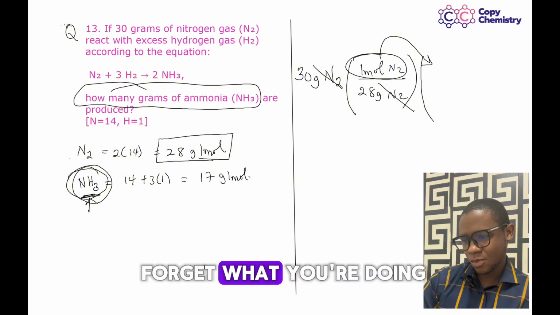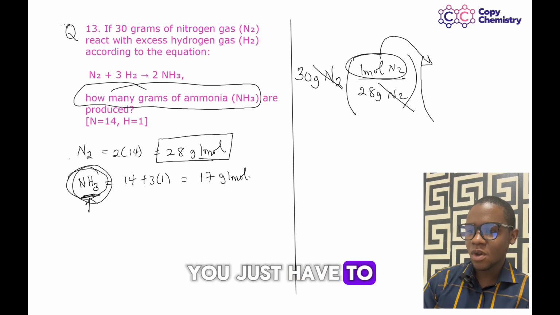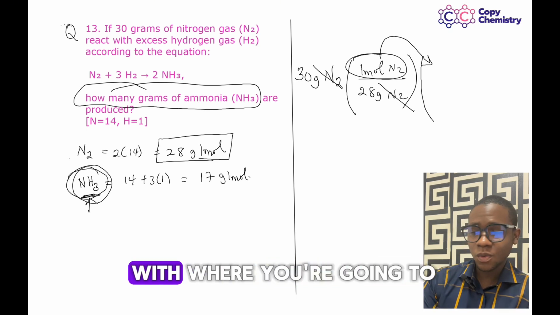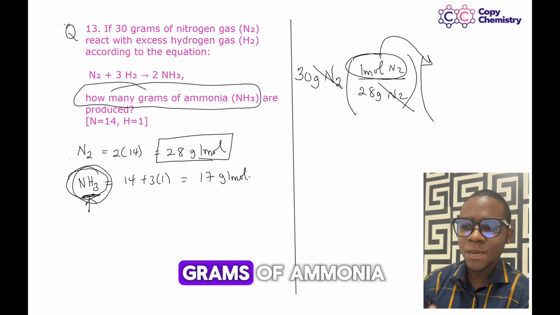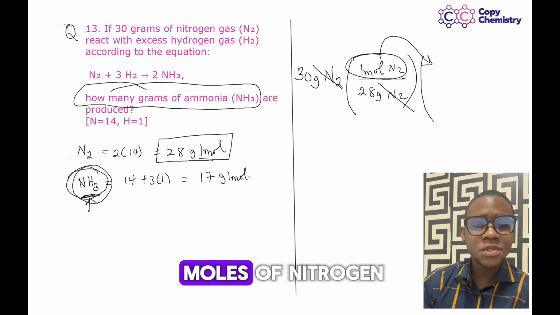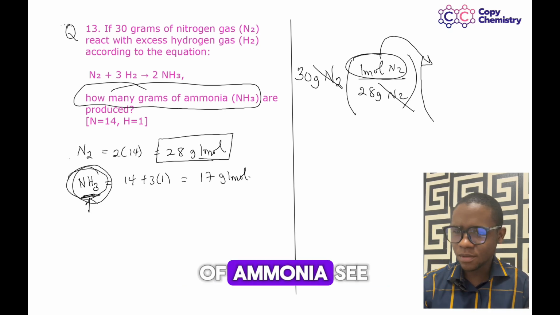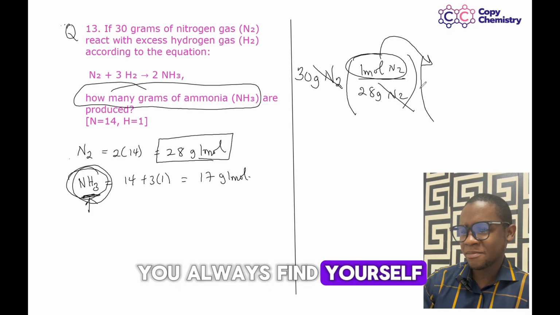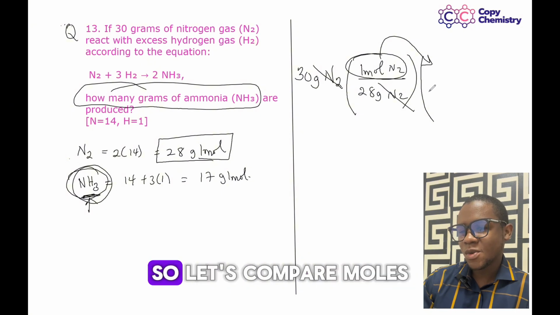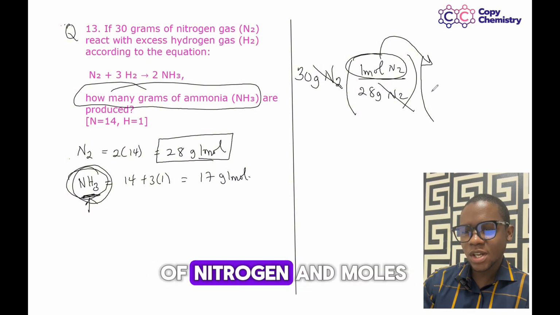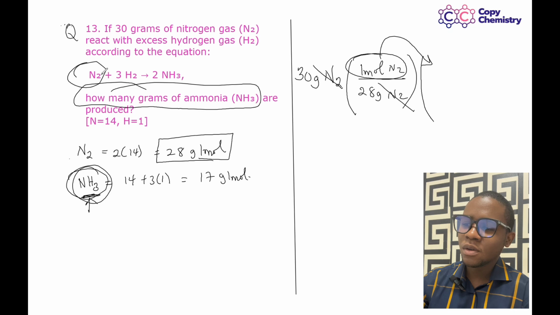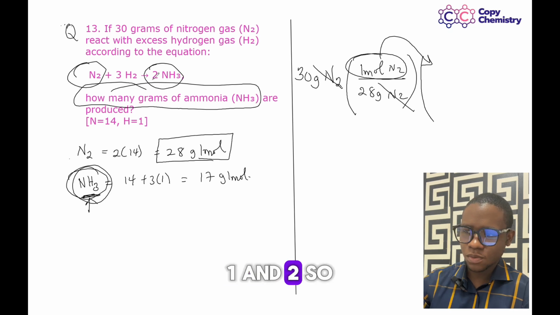So if you forget what you're doing, you just have to compare where you are with where you're going to. We're going to the grams of ammonia. We are at the moles of nitrogen, so get the moles of ammonia first and then get the grams of ammonia. See, you always find yourself. It's not that hard. Right, so let's compare moles of nitrogen and moles of ammonia, shall we? 1 and 2.